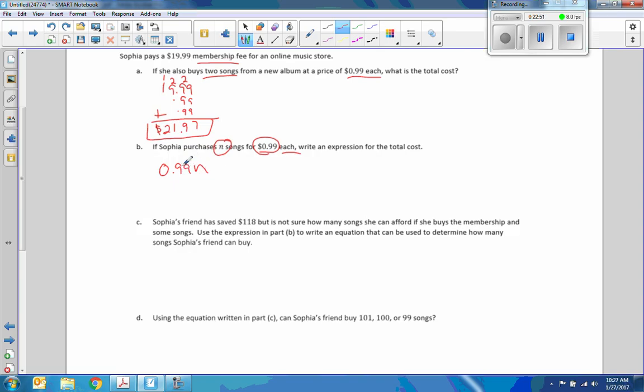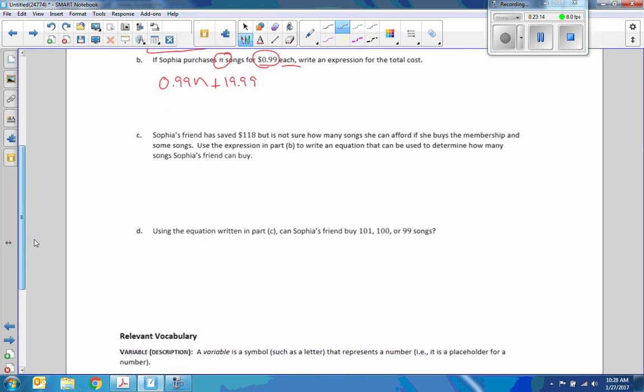If N was 2, it's $1.98. If N was 3, it'd be $2.97, and so on and so on. Plus the membership. So there is our expression for the total cost of N songs. We don't know N. N is however many. It could be 100 songs.